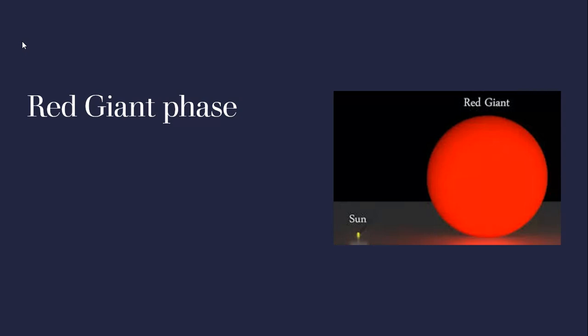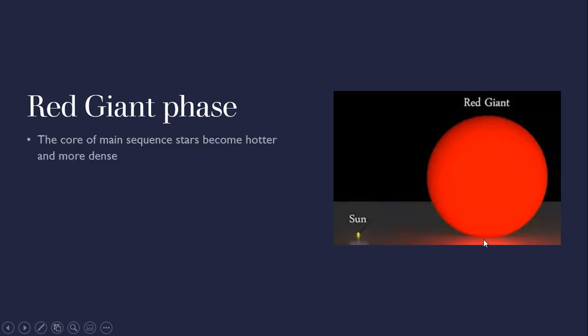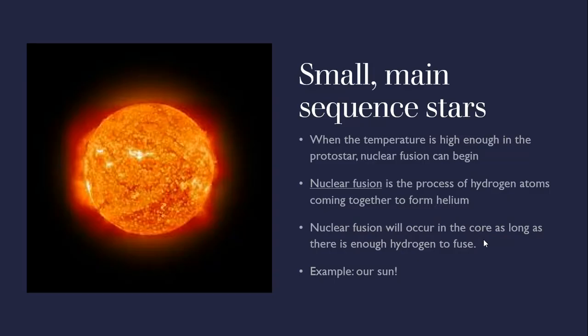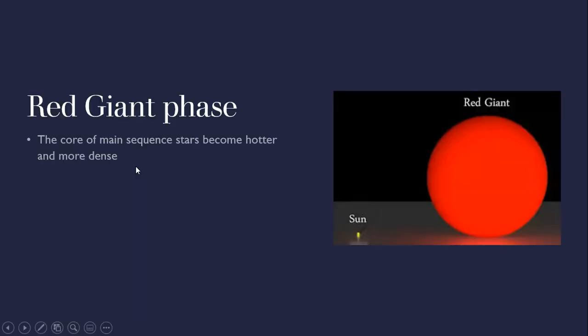After the main sequence, the star will enter the red giant phase. I like this picture because it shows the size difference. The sun would blow up to something this size, a red giant. The core of this main sequence star will become hotter and more dense as fusion goes on.